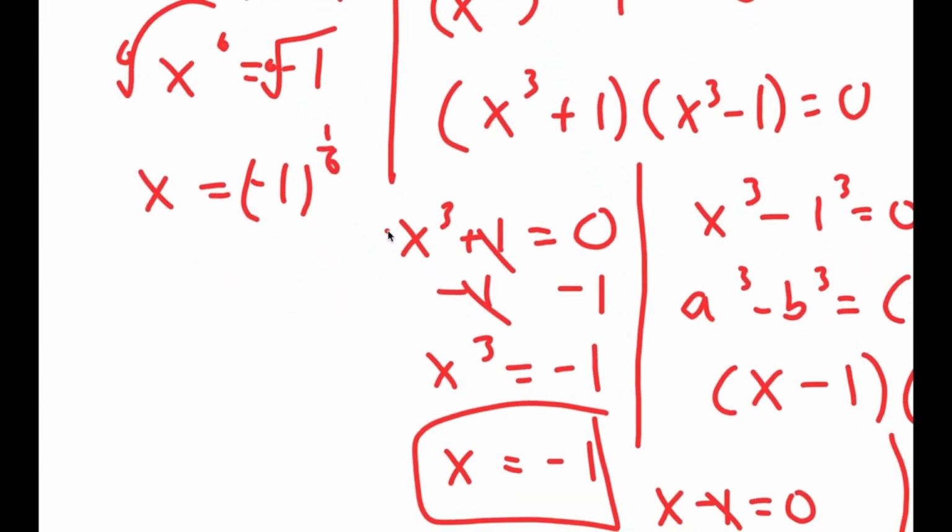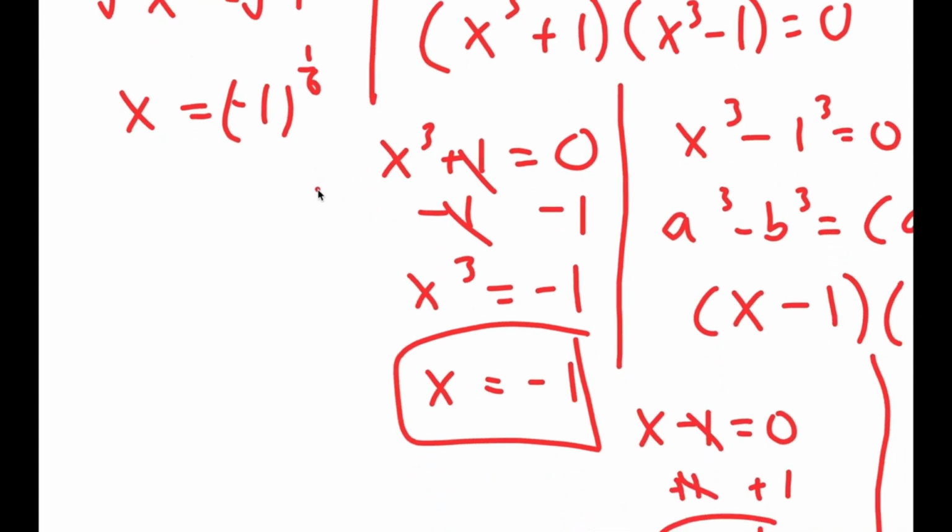So now, the 6th root of negative 1 is, say, we know that i is equal to the square root of negative 1, which is equal to negative 1 to the power of 1/2.